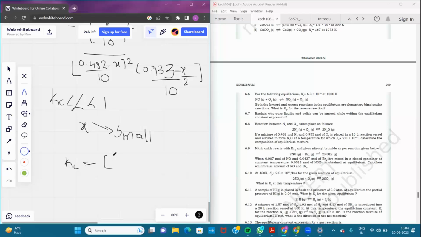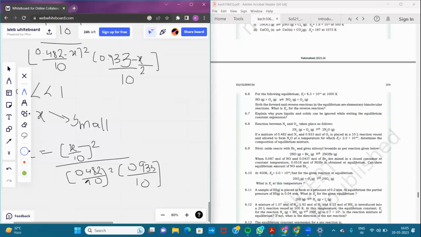Okay, so we can directly write it as x by 10 whole square by 0.482 by 10 whole square, 0.933 divided by 10.